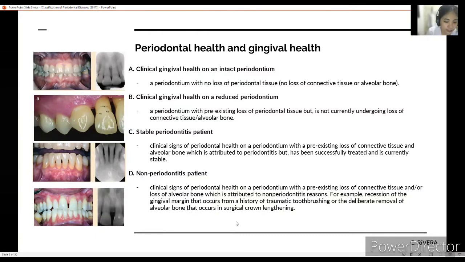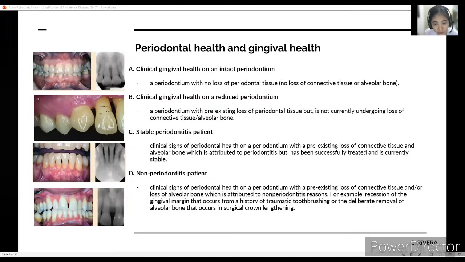So here is an example. In this intact case, the patient exhibits no clinical signs of gingival inflammation and no previous loss of periodontal tissues.